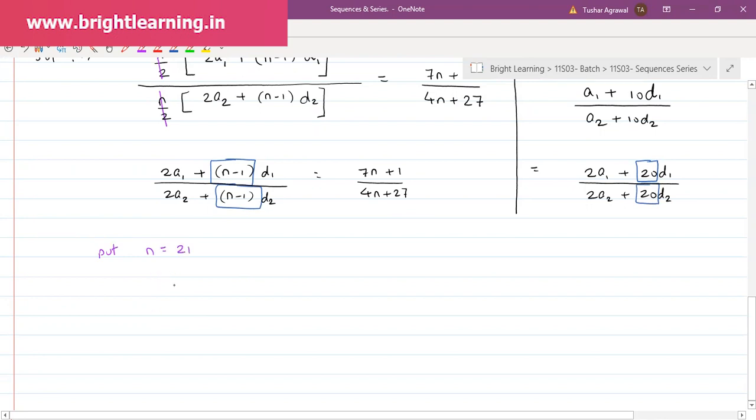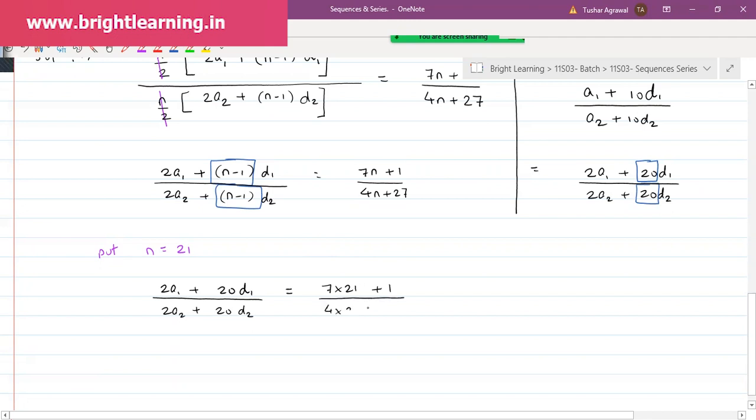So on the LHS it becomes twice a1 plus 21 minus 1, that is 20 times d1, divided by twice a2 plus 20 times d2. This will be equal to 7 into 21 plus 1 upon 4 into 21 plus 27.